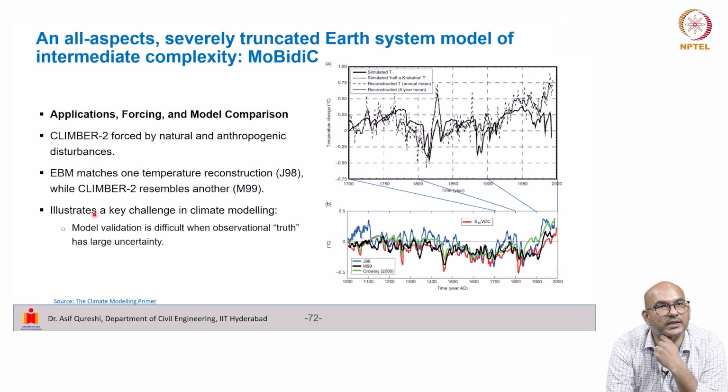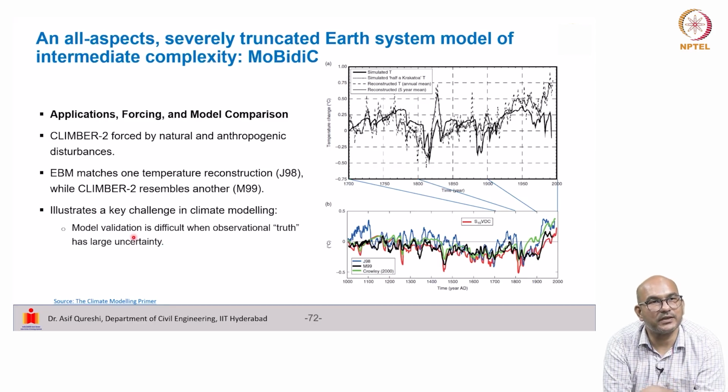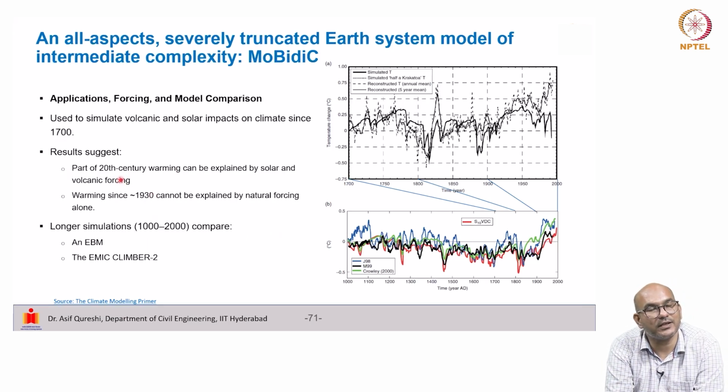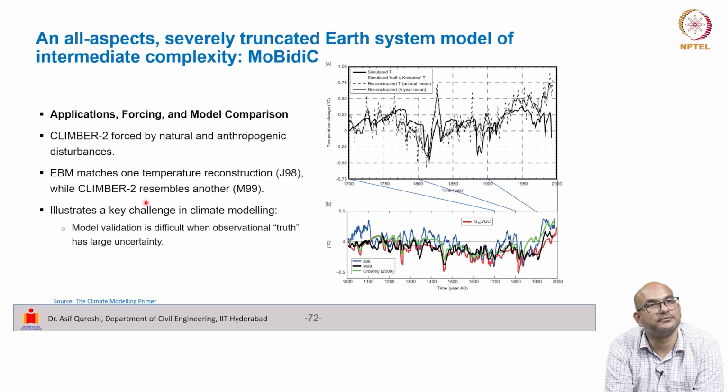This kind of thing is a challenge because model validation is difficult when the observational perceived truth is also uncertain. So what do we compare the model to? But having said that, the model is useful and has shown that part of the warming can be solar or volcanic, but warming since 1930 cannot be explained by natural forcing. So, anthropogenic forcing has caused climate change.